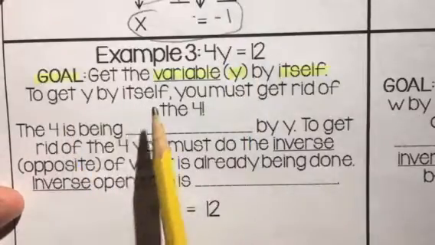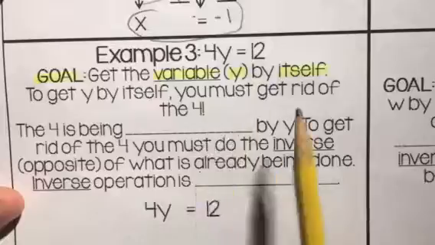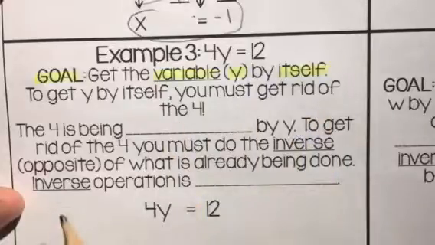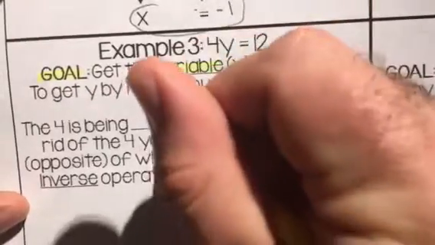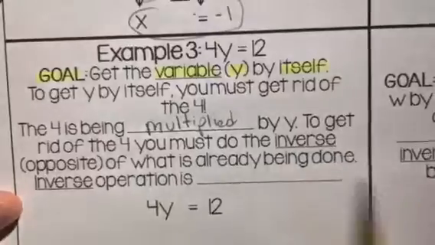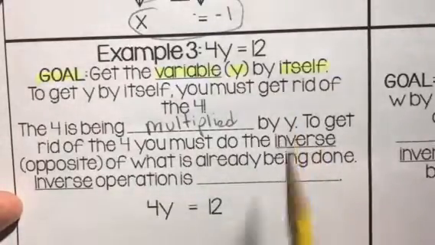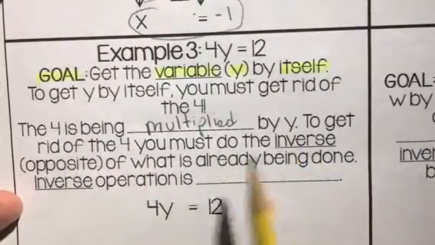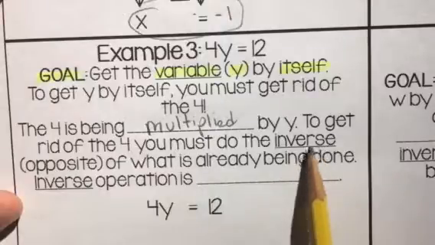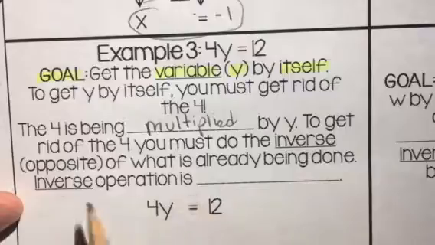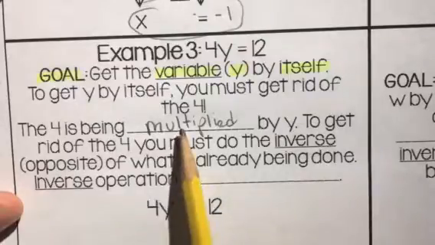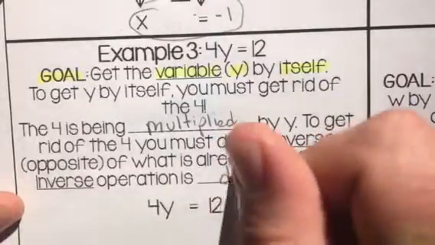To get the y by itself, you must get rid of the 4. And the 4 right now is being multiplied by y, 4 times y.